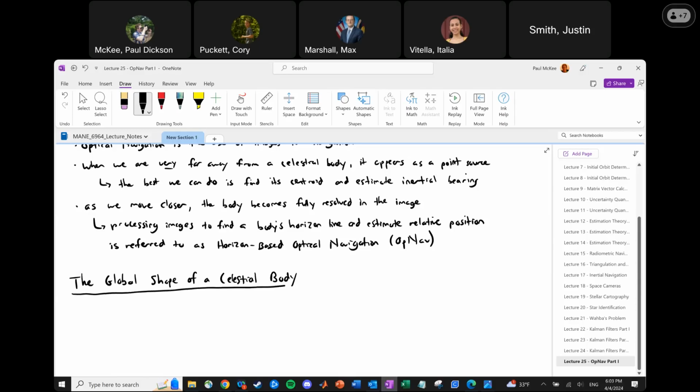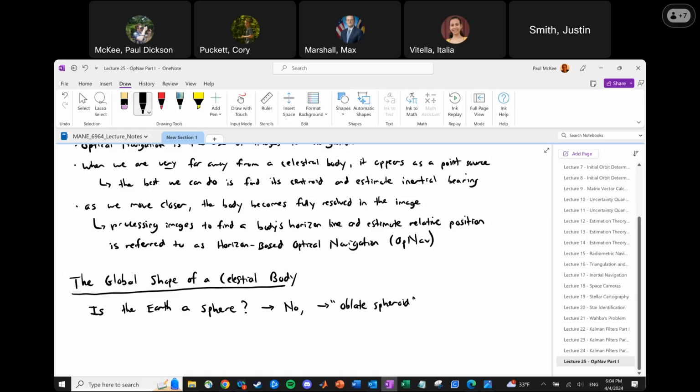So let me start with a question, and this is a rhetorical question, unless you feel like keying in your microphone to answer. Is the Earth a sphere? And the answer is no. It is an oblate spheroid. You might be familiar with that term.